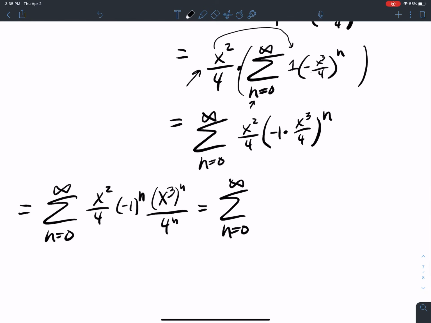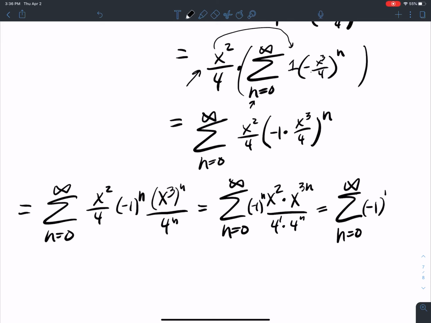Okay, simplify some more. Let me write this negative 1 to the n first. And then I have x squared, and I also have x to the 3n. That's in the numerator. In the denominator, I have a 4 and I have a 4 to the n. So can I combine here? Yes, I can. Same base, add the exponents. Negative 1 to the n, x to the 3n plus 2, divided by 4 to the n plus 1.